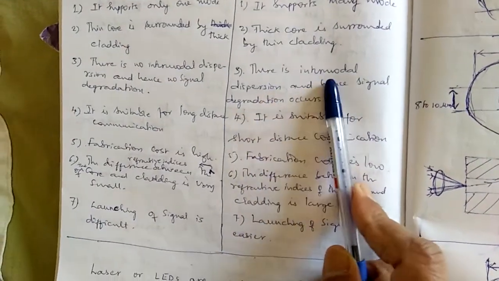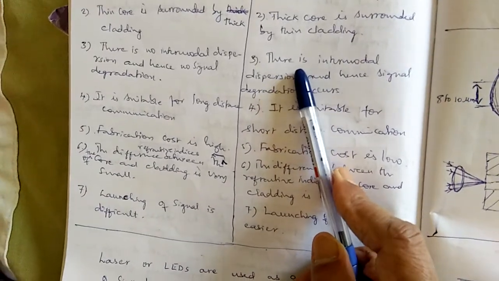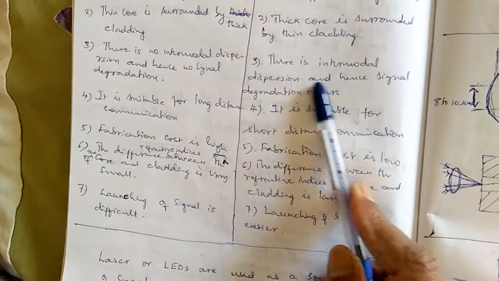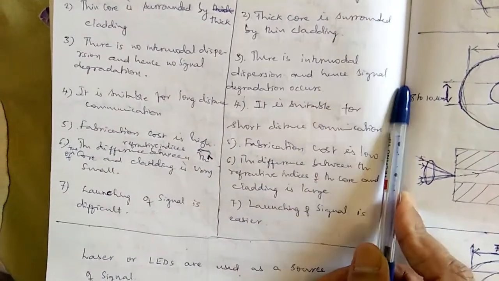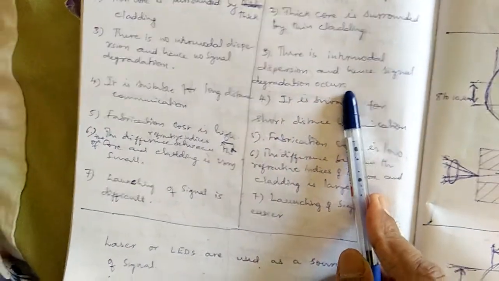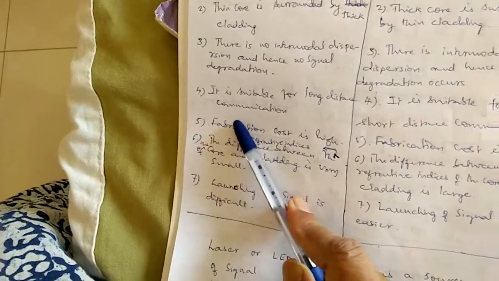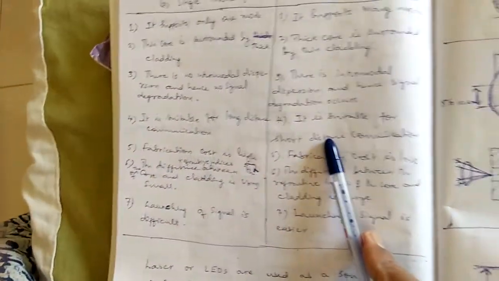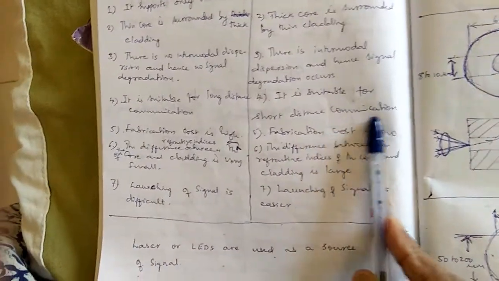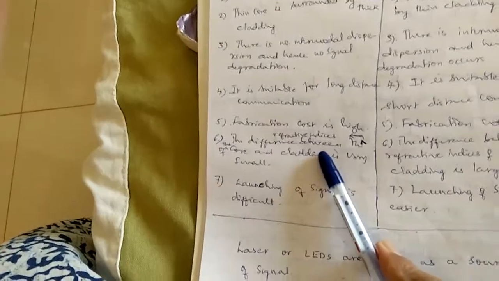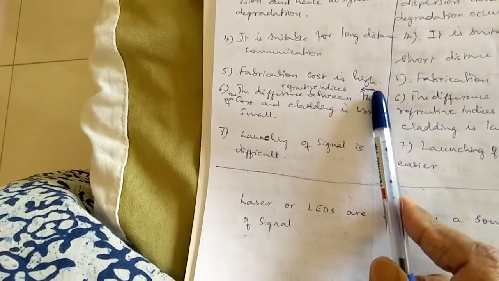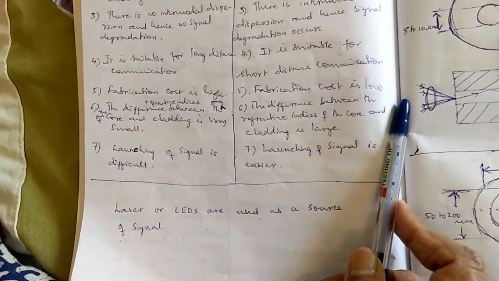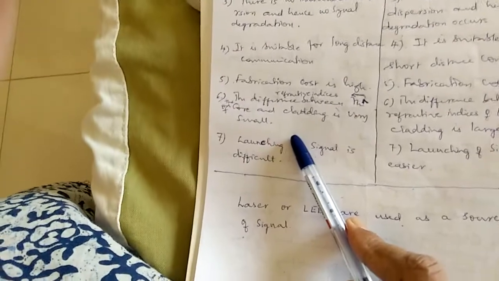Here in multi-mode, a number of modes are entered, so there is intermodal dispersion and hence signal degradation occurs. Single mode is suitable for long distance communication, and multi-mode is suitable for short distance communication. Fabrication cost is high in single mode and low for multi-mode.